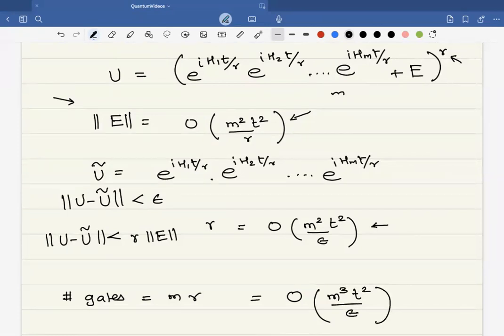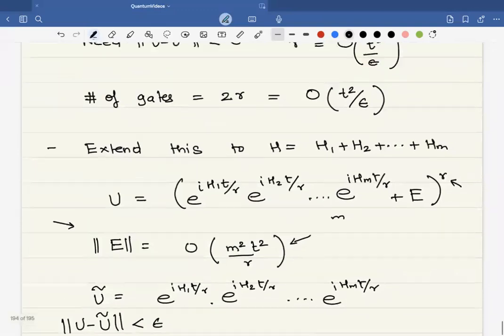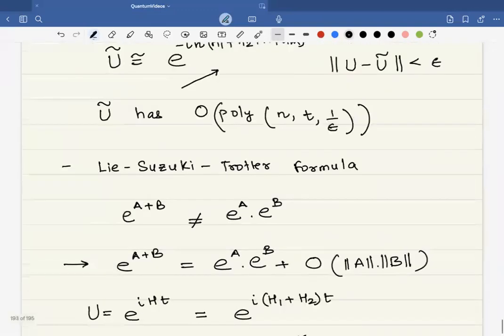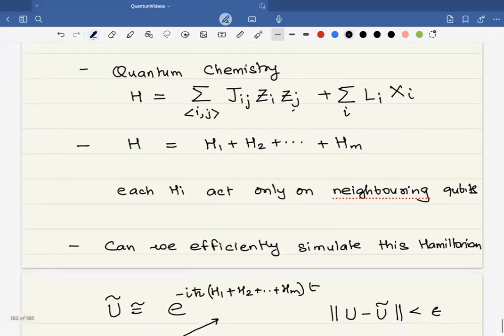Right. So this is one technique to simulate a quantum Hamiltonian. And why do we need to simulate these Hamiltonians? Because often quantum systems, such as in quantum chemistry, are described by Hamiltonians, and we want to be able to see or evolve the dynamics of the system.